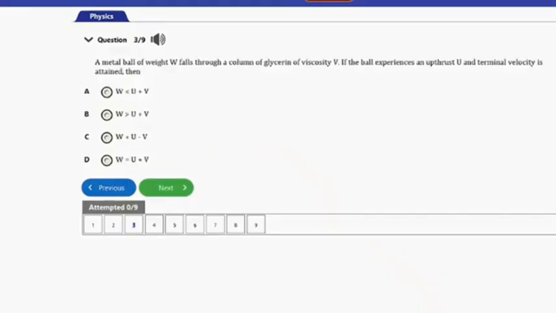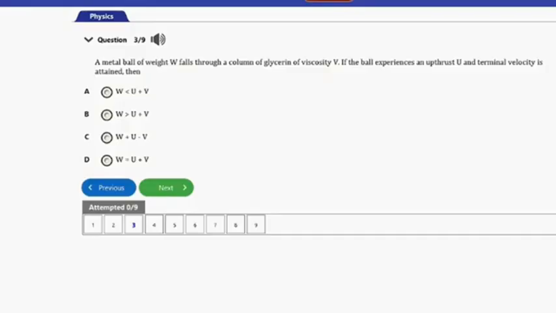The next question is question number 3. It says, a metal ball of weight W falls through a column of glycerine of velocity v. If the ball experiences an upthrust u and terminal velocity is attained, then A. W is less than u plus v.